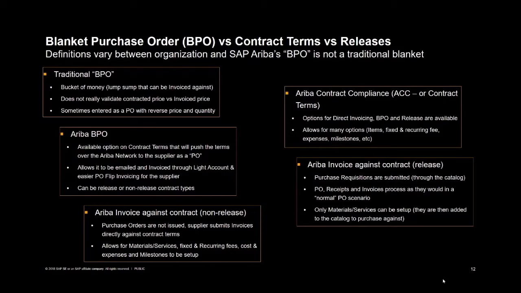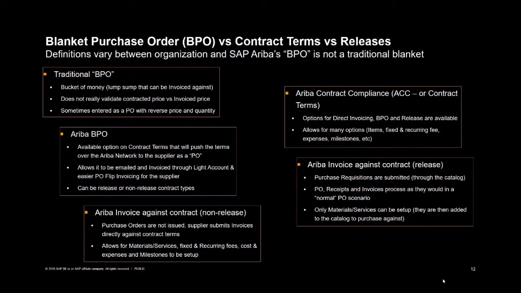Even though you're tying all of the spend together, it is going to put that spend under the PO and receipt invoice process. And so it follows the standard three-way match of the PO, receipt, and invoice. It just ties all of that spend back to the contract, allows you to do that tiered pricing, accumulators, release limits, and things of that nature.